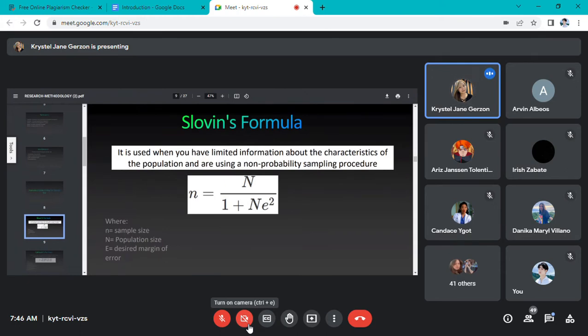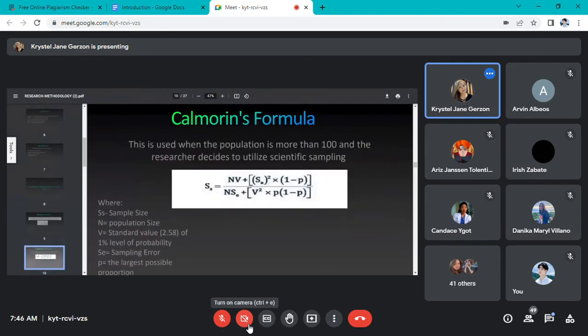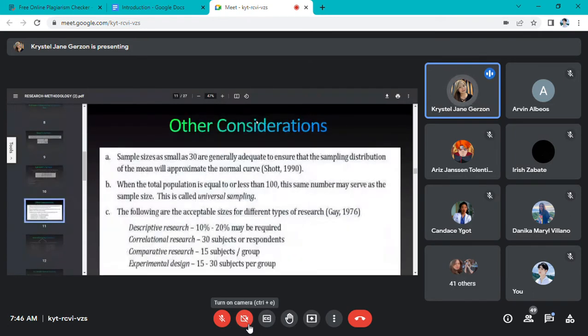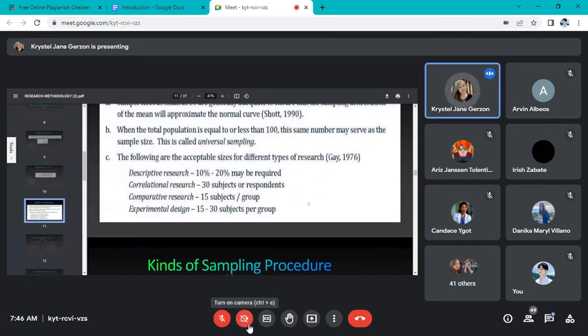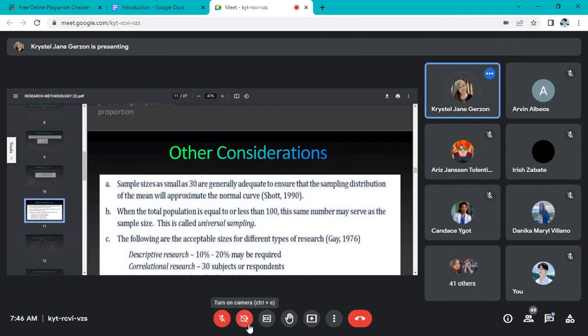So if you don't like that, we also have other considerations, from other authors. Let's say, for example, Schott 1990 said that sample sizes as small as 30 are generally adequate to ensure that the sampling distribution of the mean will approximate the normal curve.